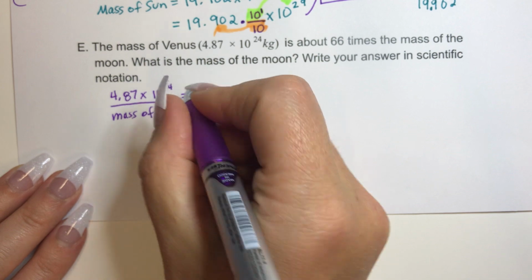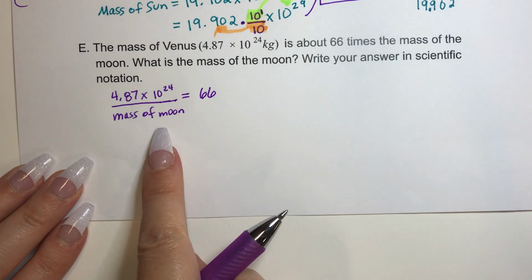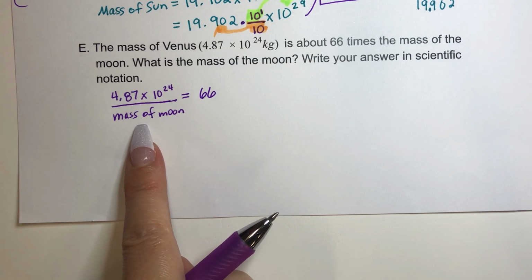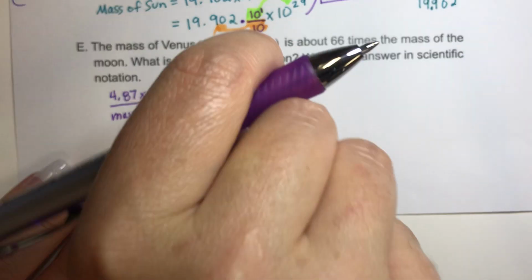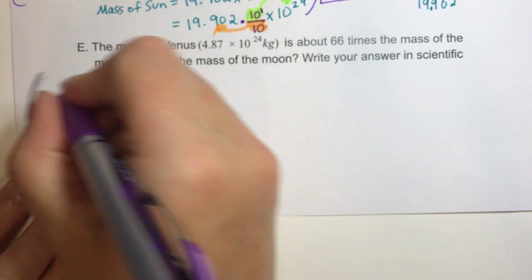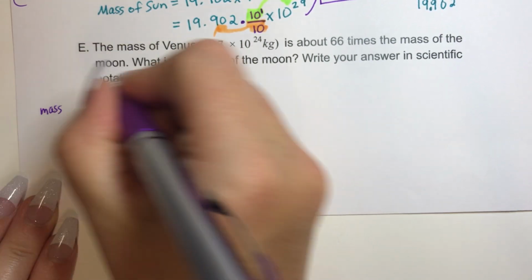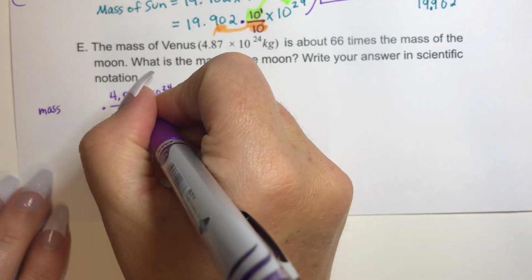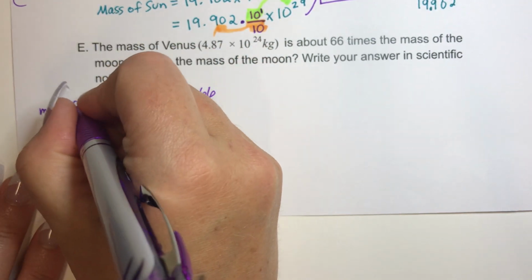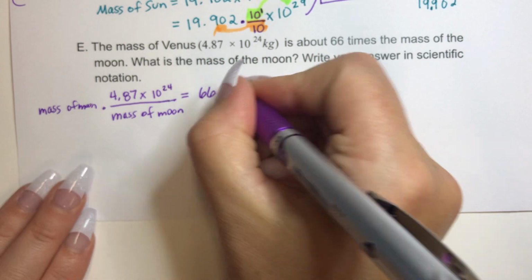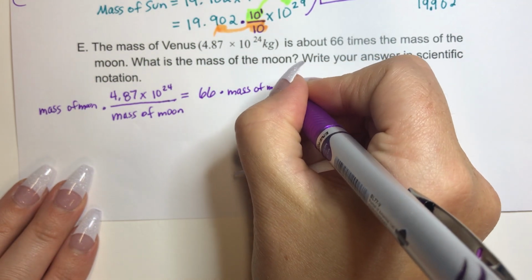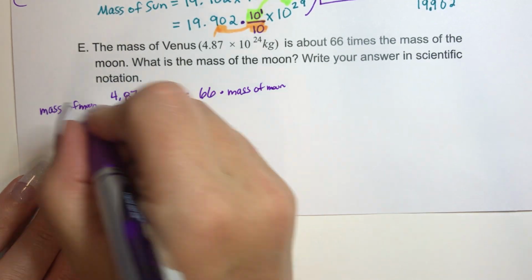Okay, and we need to determine what the mass of the moon is. Well, right now it's on the bottom of the fraction, and we need to get it to the top. So I'm going to multiply both sides by the mass of the moon. This is division, so we have to do the inverse operation, which is multiplication. And then those cancel.